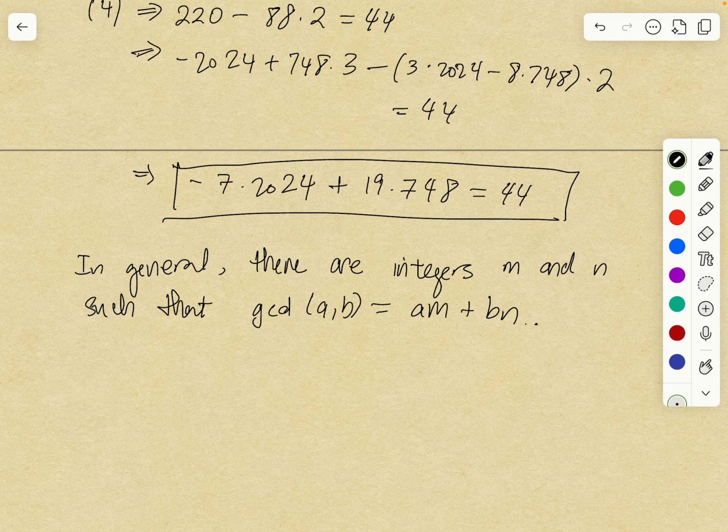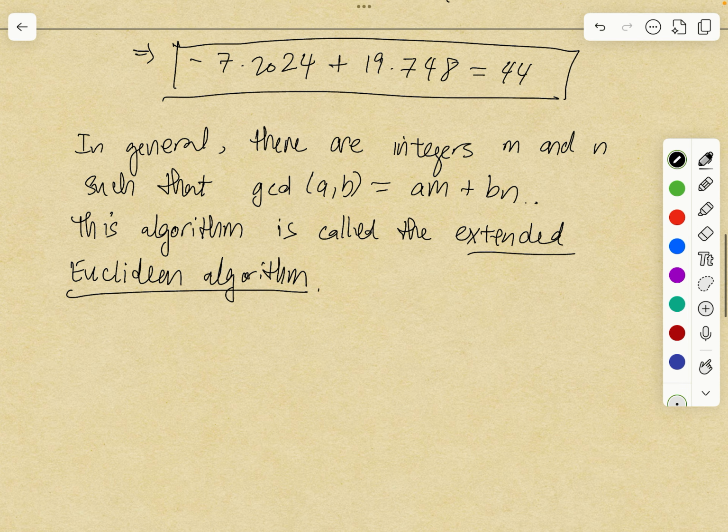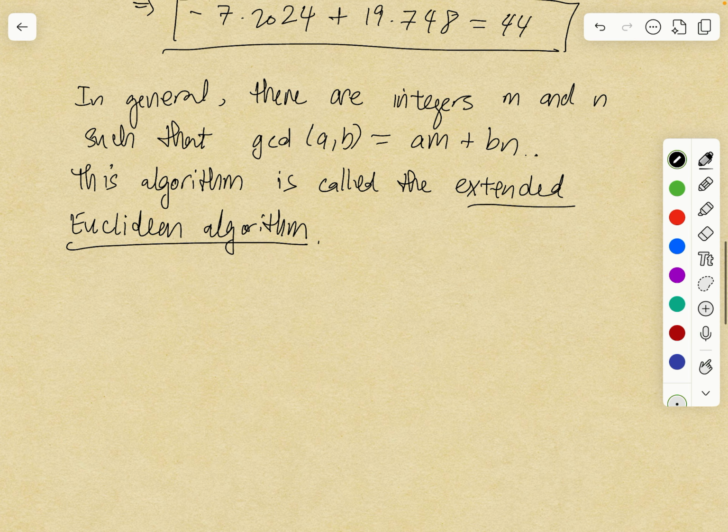So this algorithm that we showed of not just finding the GCD, but explaining how the GCD is expressed in terms of A and B is called the extended Euclidean algorithm. So this is a useful thing if the greatest common divisor of A and B is 1.